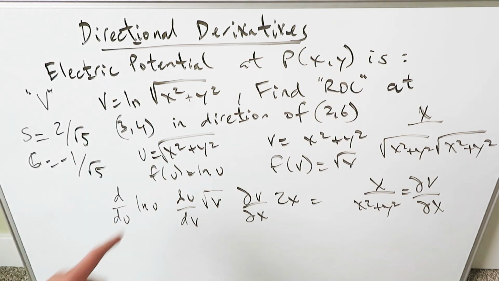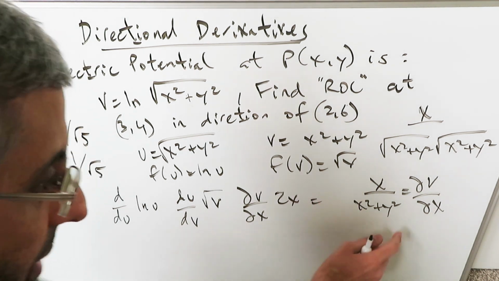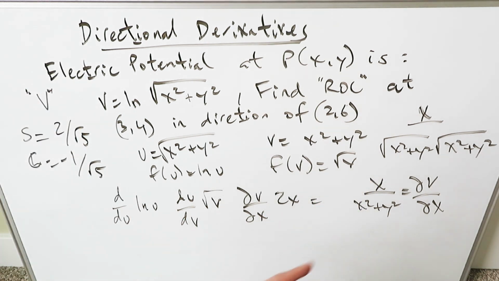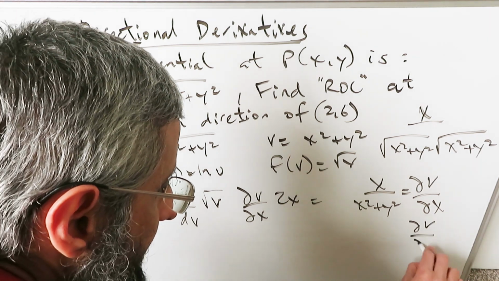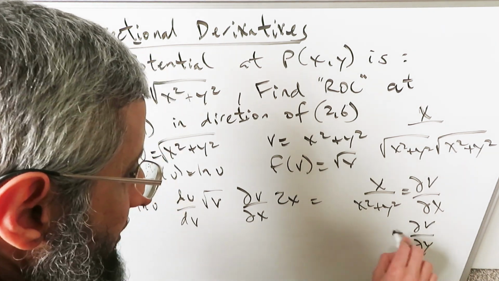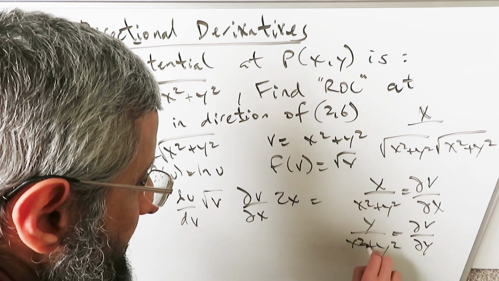If you can imagine exactly from this equation what it will be for the y, it will be exactly what you think, y divided by x squared plus y squared, because the procedure is the same, in that you're choosing x as your constant and y as your variable of interest. With respect to the y partial derivative, you'll have here y over x squared plus y squared, because everything else stays the same.